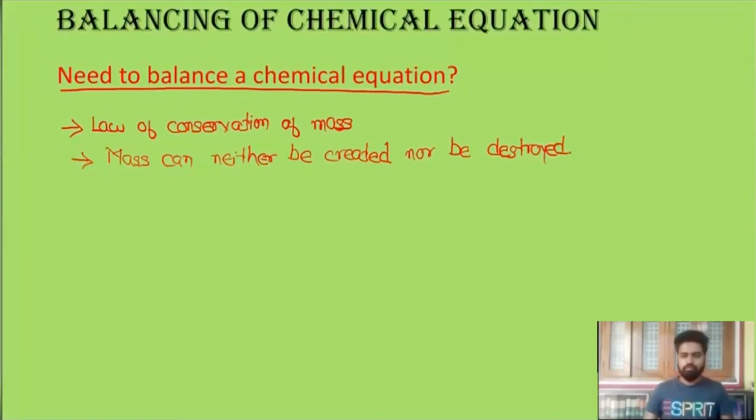And to follow this, the number of atoms of each element present on each side of the chemical equation should be equal.